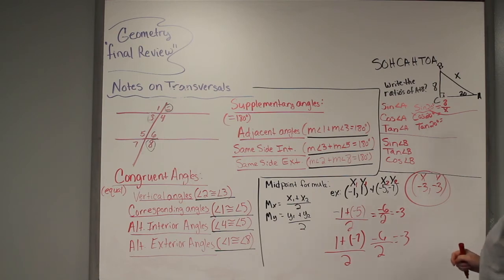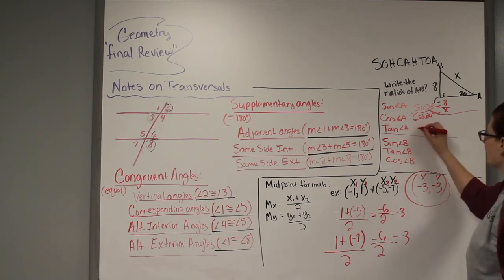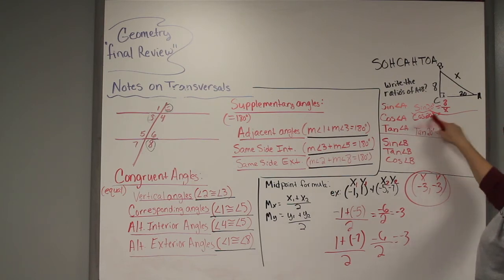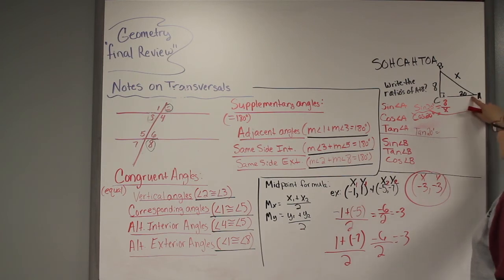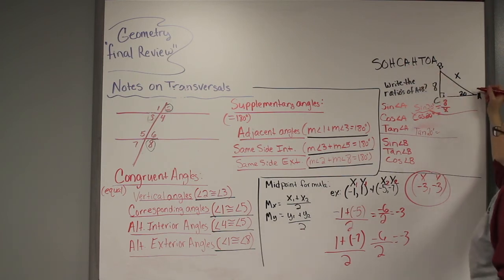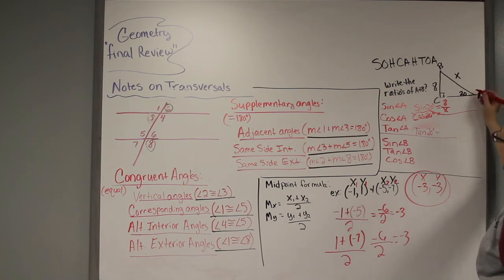All right, now the cosine, let me scoot tangent down here. The cosine of angle A is adjacent over hypotenuse. So adjacent means beside. Okay, so we don't know what this side is here.